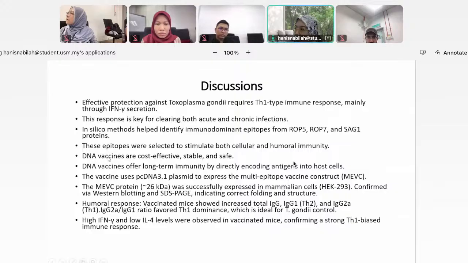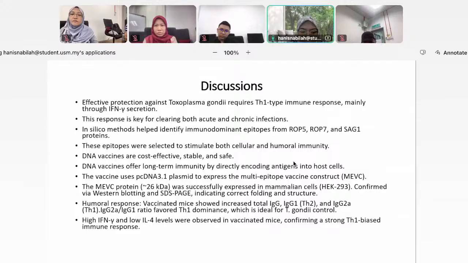Actually, in this paper they classified this vaccine as a DNA vaccine. DNA vaccine gives long-term immunity by directly encoding the antigens into the host cells. The MBV-C protein, around 26 kDa, was successfully expressed in mammalian cells, confirmed via Western blotting and SDS-PAGE.